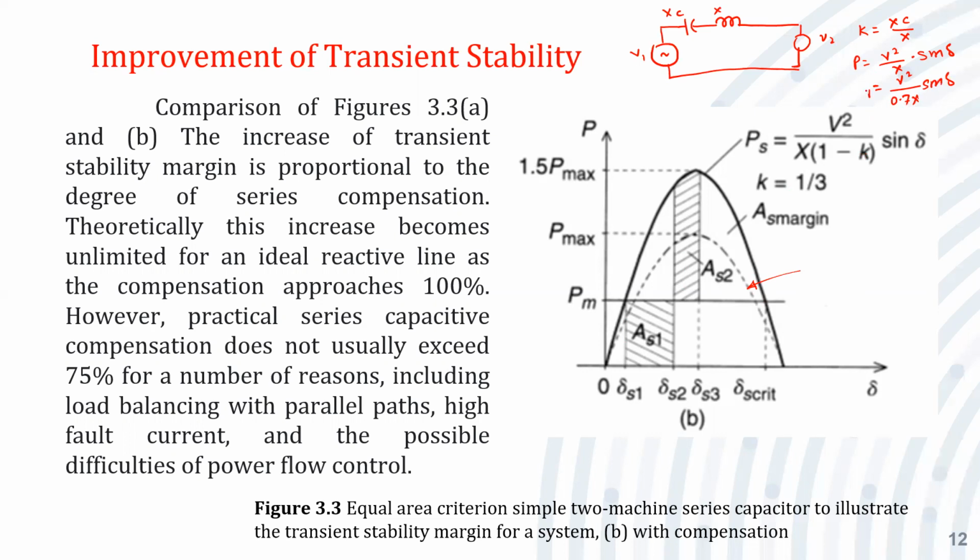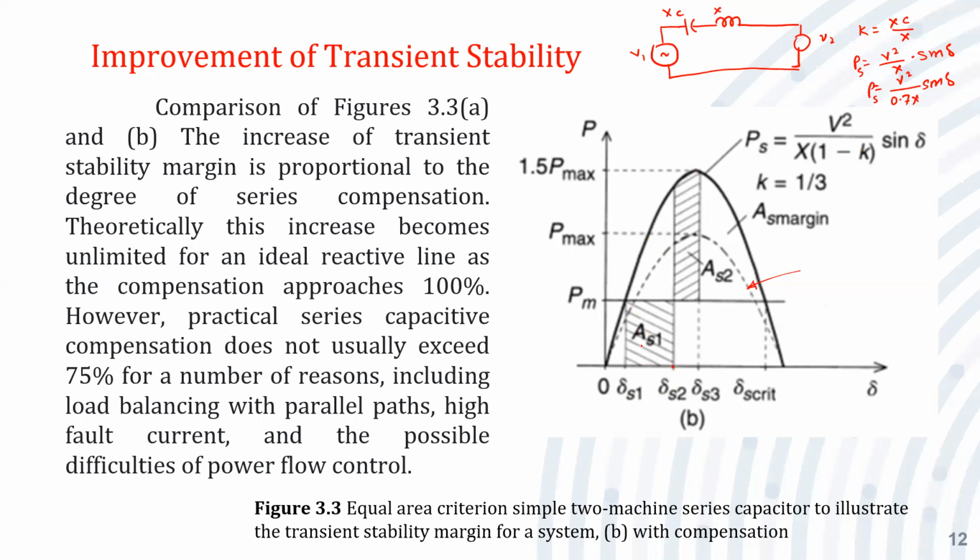So definitely this power PS, we are going to indicate as the series compensation power. After series compensation, the power PS is equal to V square upon 0.7X. Definitely it is greater than this curve. So this is the curve. Now under the same condition, this is delta 1 as discussed in the line without compensation, at which the circuit breaker opens.